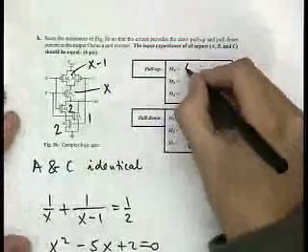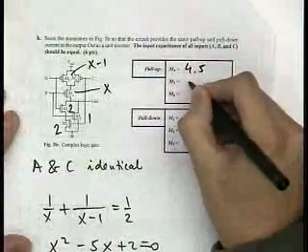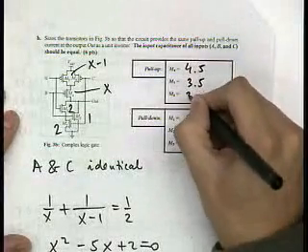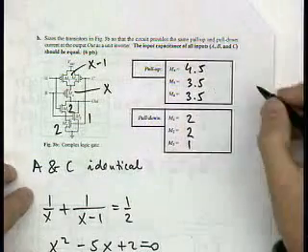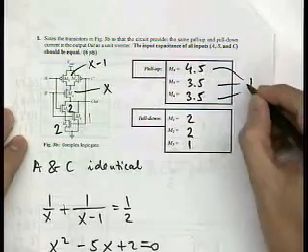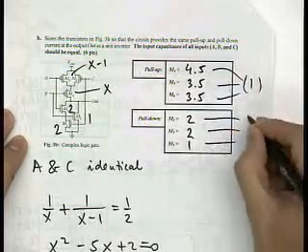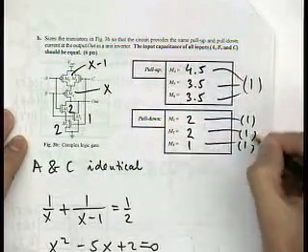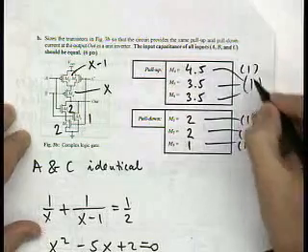So M4 is 4.5, M5 is 3.5, M6 is 3.5. Each of these was 1 point.